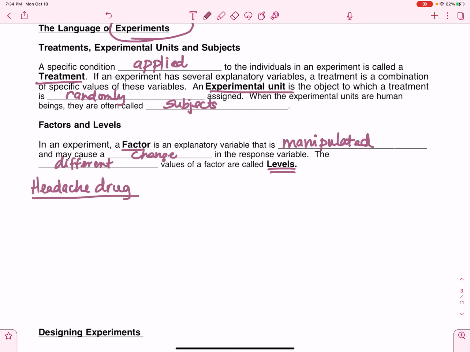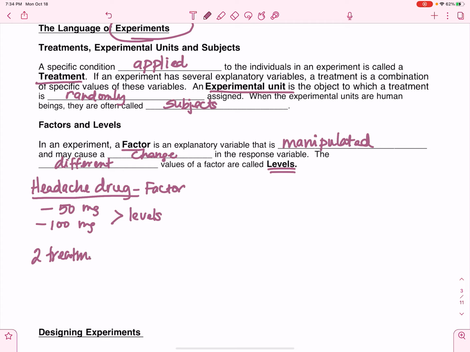The headache drug itself is going to be the factor, and let's say I've got a couple of levels: 50 milligrams and 100 milligrams. These would be the levels of that factor. So the possible treatments that someone could be randomly selected for are this level or this level, a total of 2 treatments. That's how that works.